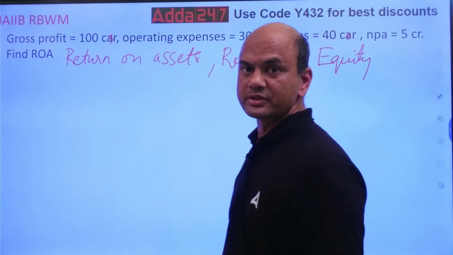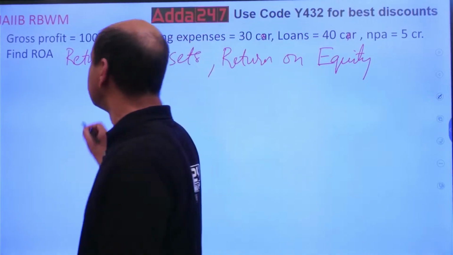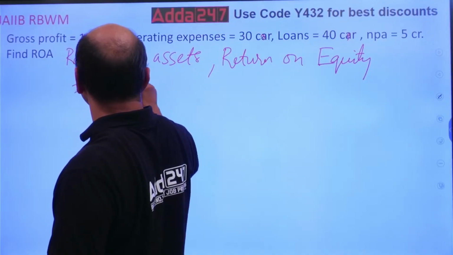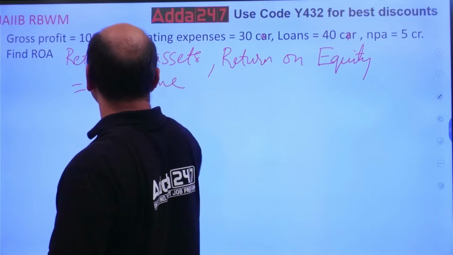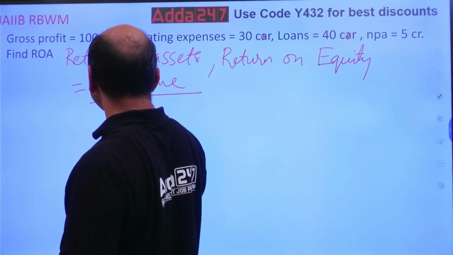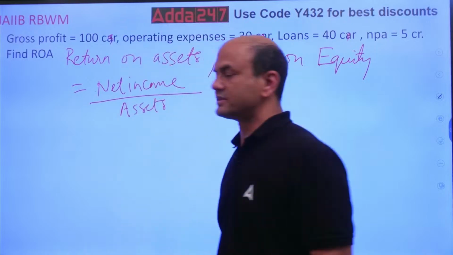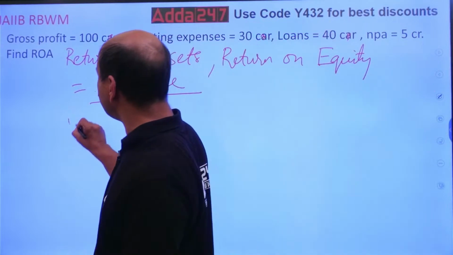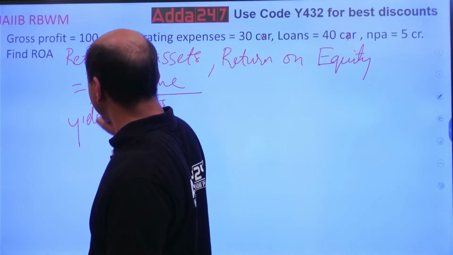So what is the formula for ROA? Return on assets equals net income divided by assets. Now assets means yielding assets. The key word over here is yielding assets. Yielding means those assets which are giving you returns.